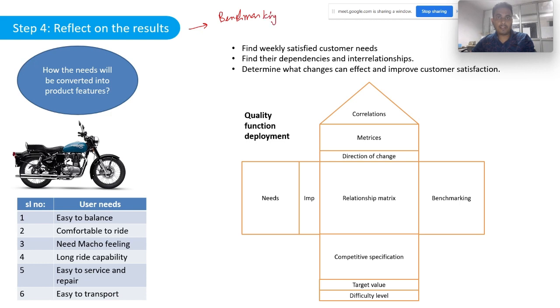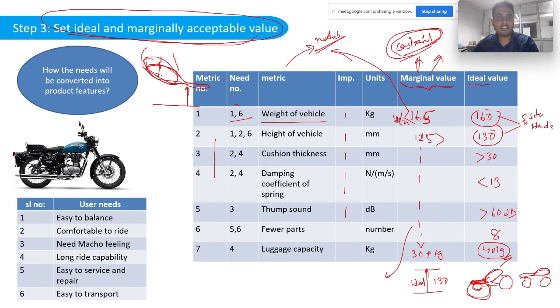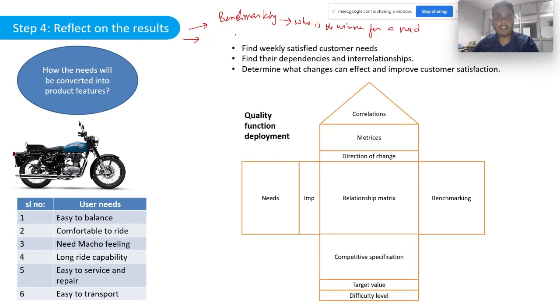Benchmarking will let you know who is the winner for a particular need. What you do next is establishing target specifications. This is the second thing you do.